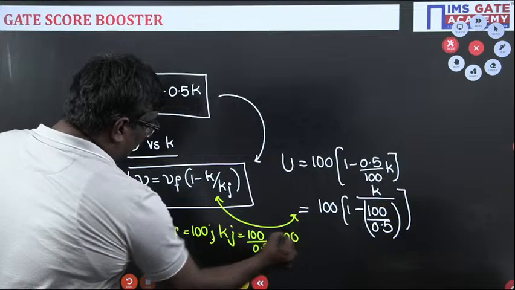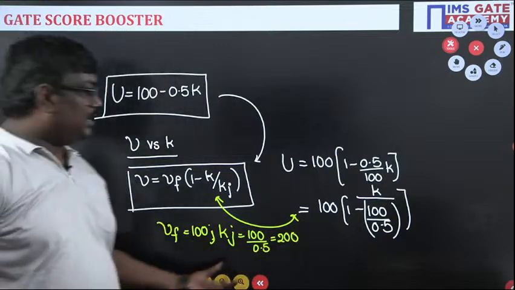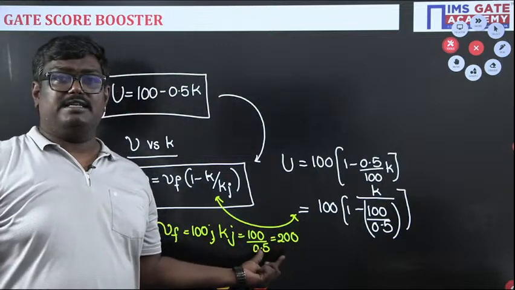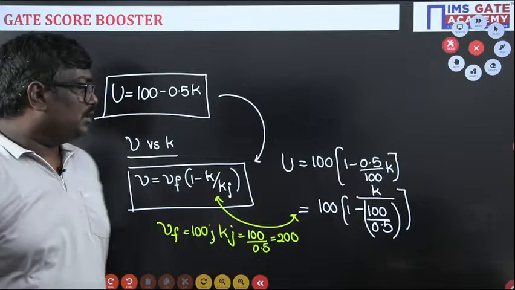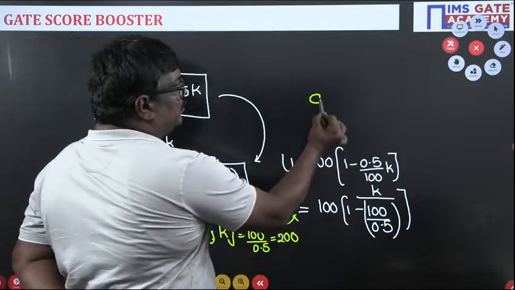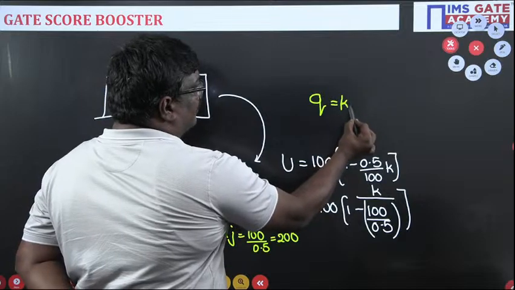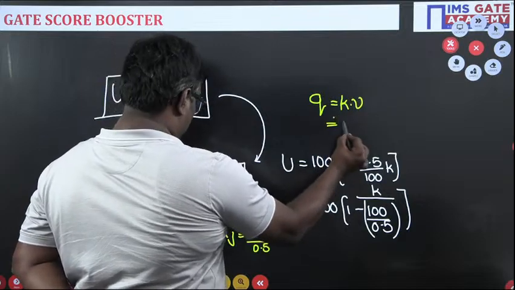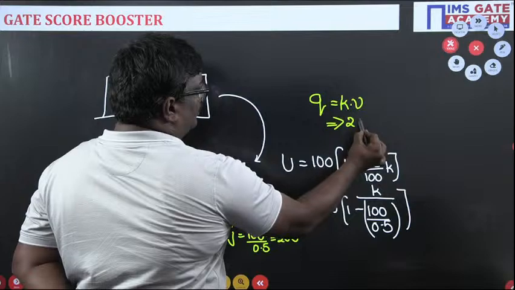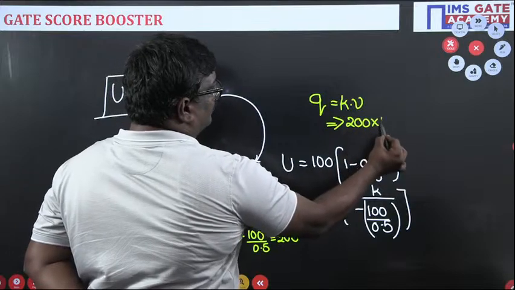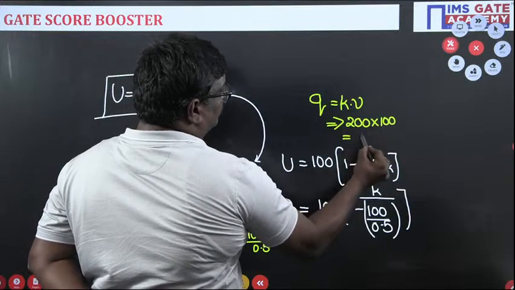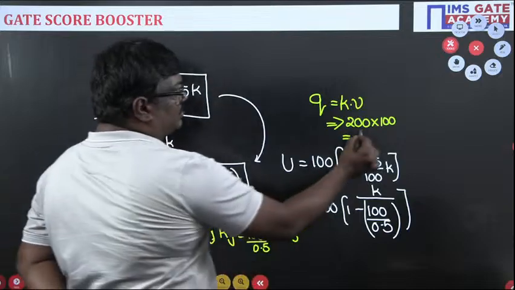Sir, velocity will be in kilometer per hour and traffic density will be in vehicles per kilometer. So if you know the relation, Q is equal to what, sir? Traffic density into velocity. So 200 into 100. 200 into 100 is how much, sir?